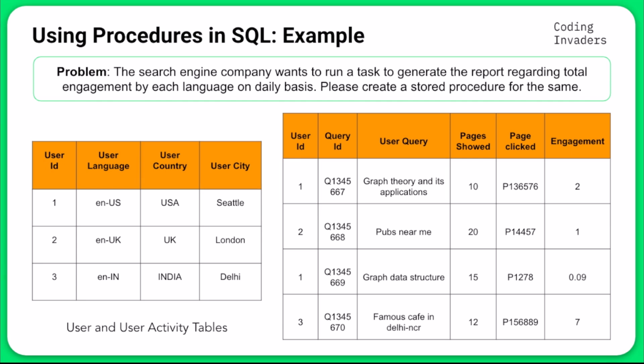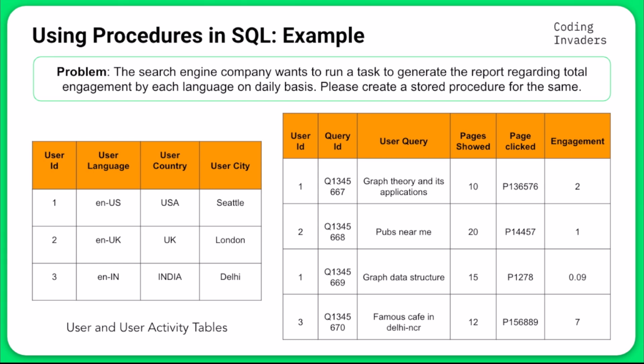This is a search engine company, so when he searches a query, we have an ID for each query. His query ID will be 1345667, and we see what query he searched, how many pages were shown to him, which page he clicked, and what his engagement was.